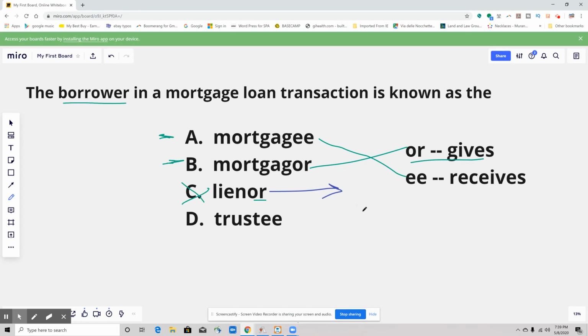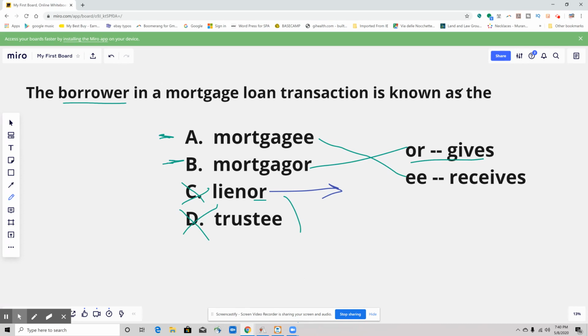And a trustee, depending on the context, could be a neutral third party who is administering a trust on behalf of someone else. So we're just going to say that's not it either, because we're not going to go into the minutia of those two, because we got a lot to unpack with mortgagee and mortgagor. So is the borrower giving the mortgage or getting the mortgage?